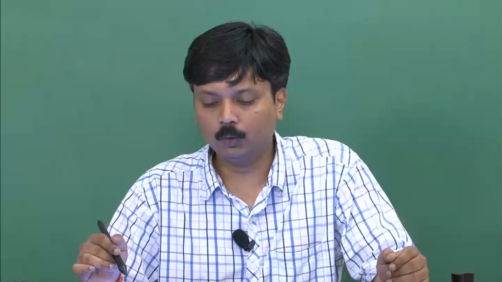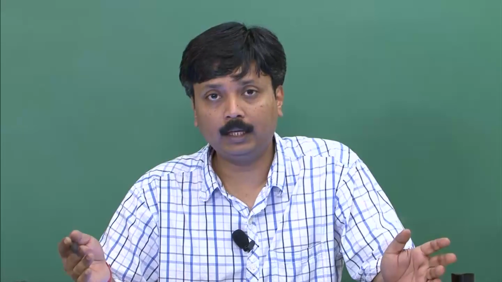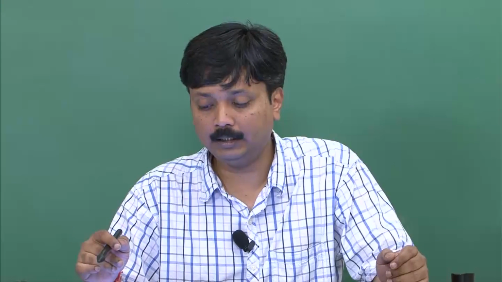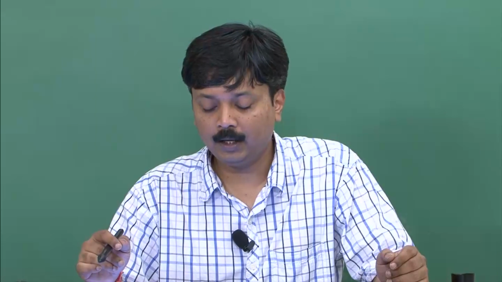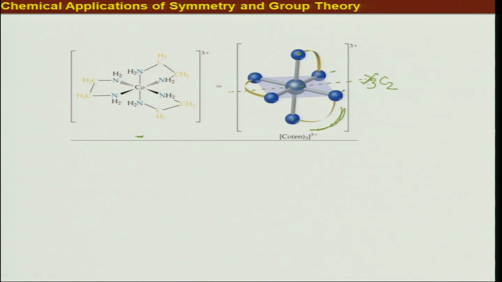I have to think about perpendicular C2s. I see that there are 3 C2s. Are these like the 3 C2s in the case of, say, allene, or something different?